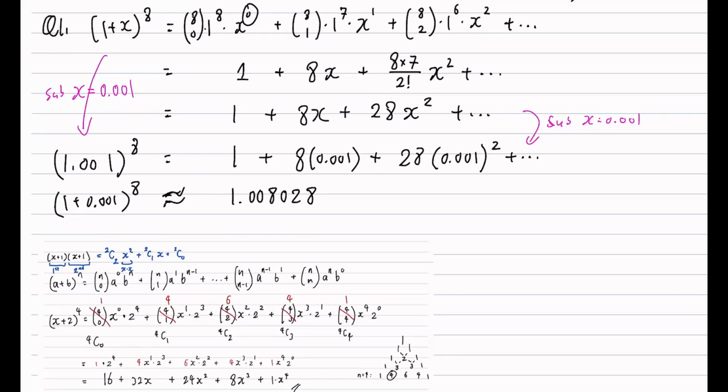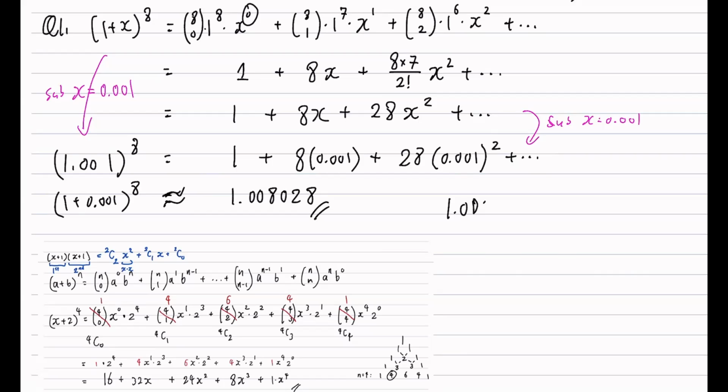The approximation is because here you still have plus dot. You still have other terms, which if you substitute the x in, you will be able to obtain the exact answer. But here we just need an approximation. Okay, so that's the approximation already. You can double check with a calculator.